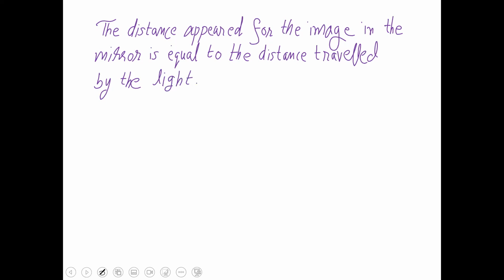How much distance light has traveled will be the distance appeared in the mirror.